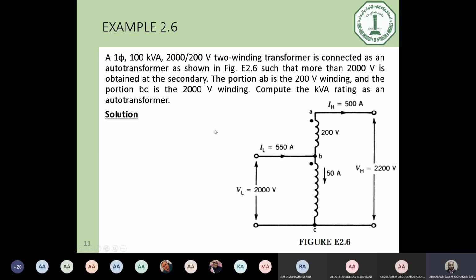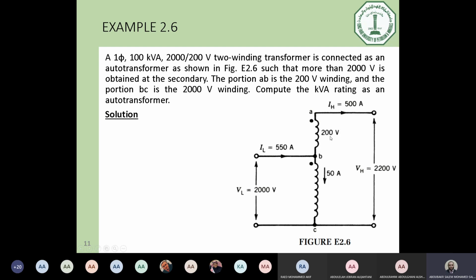Here is a small example to understand how we can make an auto transformer from a two-winding transformer, and also to compare between them in terms of performance and power. Simply, if you have a transformer with turns ratio 2000 over 200 volt, this is a two-winding transformer, and the rating of this transformer is 100 kilovolt ampere.